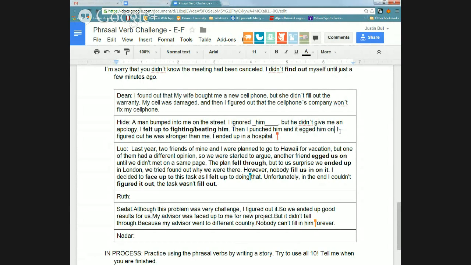Egg him on. So just remember, we don't use egg on for a thing. You can egg on an animal or a person, something that's going to encourage them to do something. I figured out he was stronger than me. I ended up in the hospital. Excellent. So these are some good notes here. Egg on a person. Use the gerund. Very good. Thank you, Hyde. All right, let's keep going.